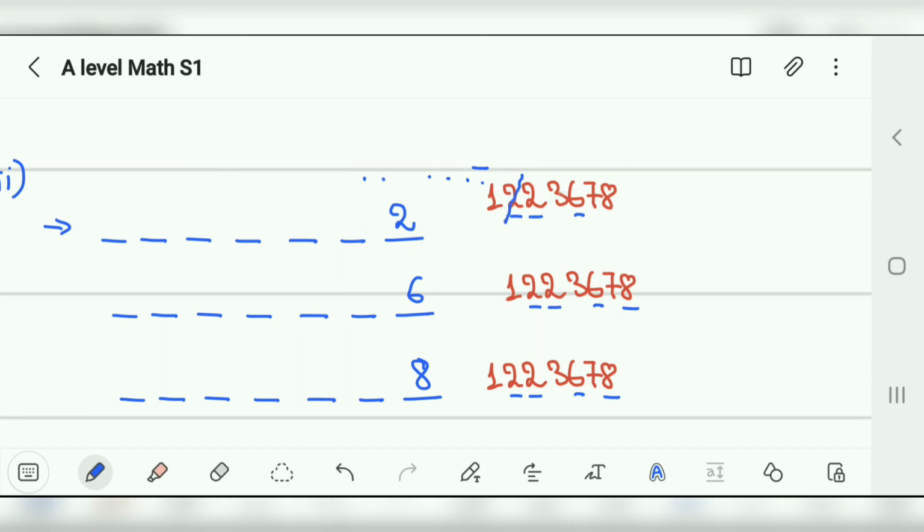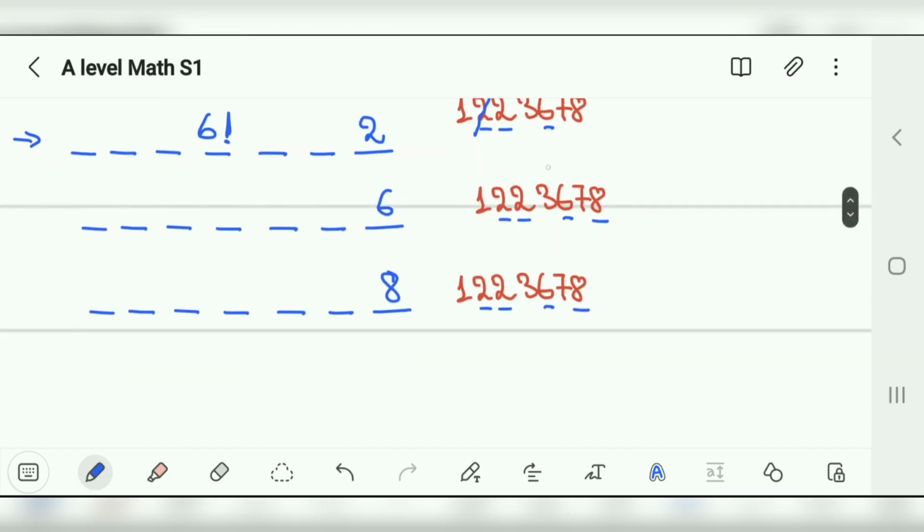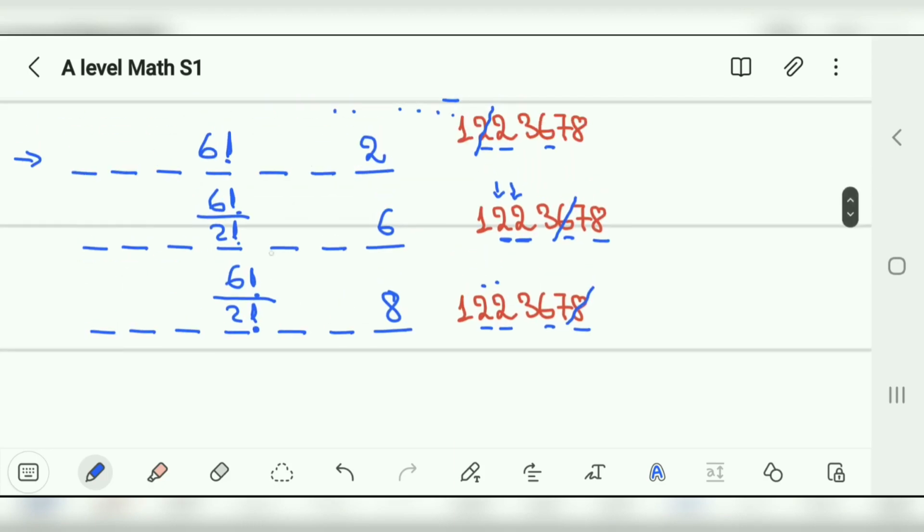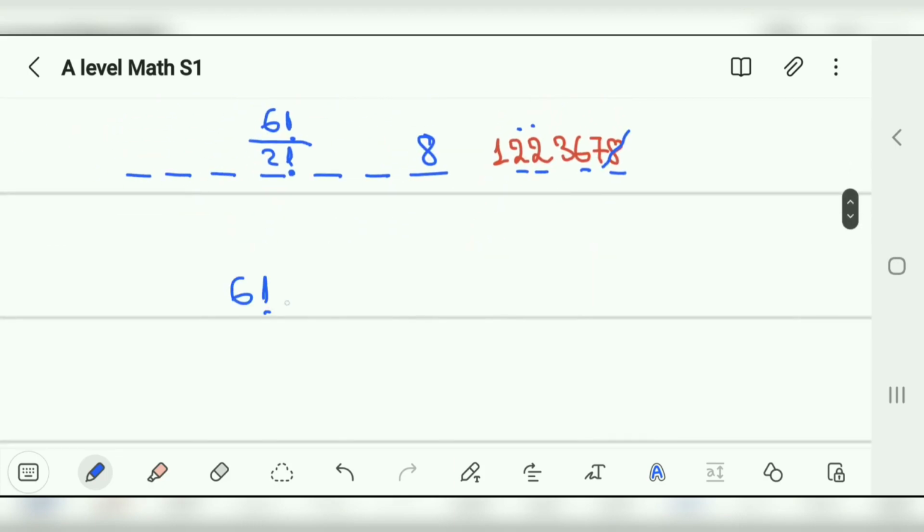The remaining are 1, 2, 3, 6, 7, 8, 6 total, so 6 factorial. Then here I have taken 6, but these two are repeated, so it's going to be 6 factorial upon 2 factorial. Then here I have taken 8, again 2 repetitions, so 6 factorial upon 2 factorial. Then we add them all up: 6 factorial plus 6 factorial upon 2 factorial plus 6 factorial upon 2 factorial, and this is the answer.